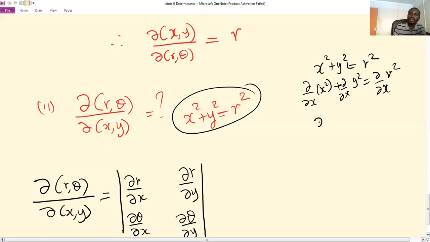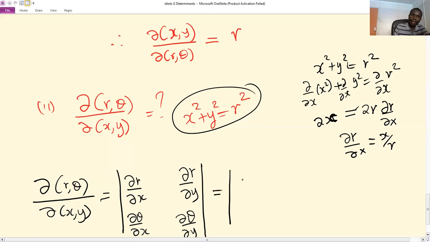So this will give us 2x, and this is 0 because there's no x here. This will be 2r times partial r partial x, by implicit differentiation. So divide through by 2r: partial r partial x is x over r.